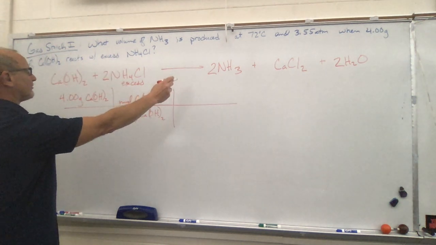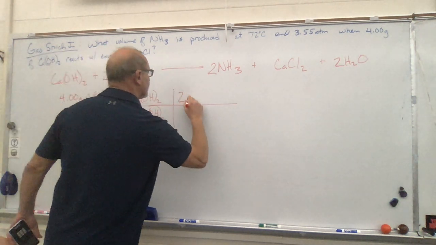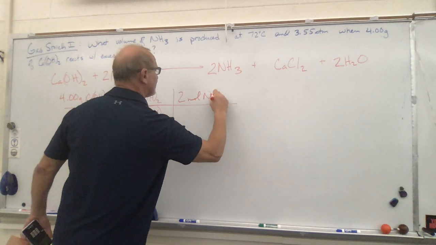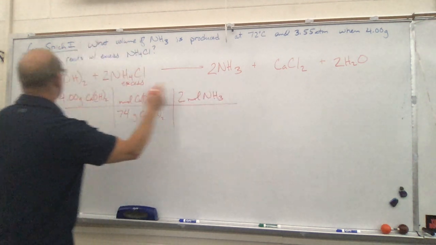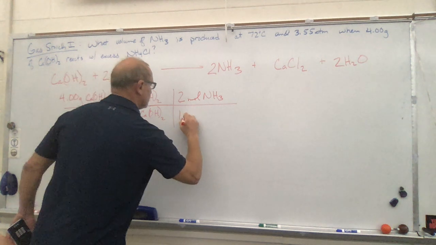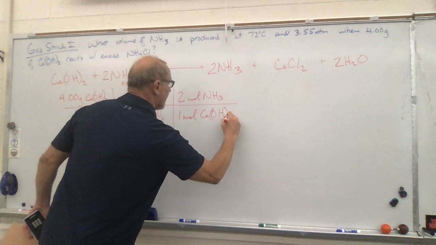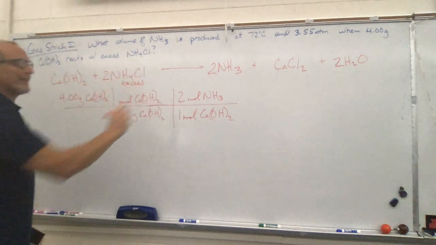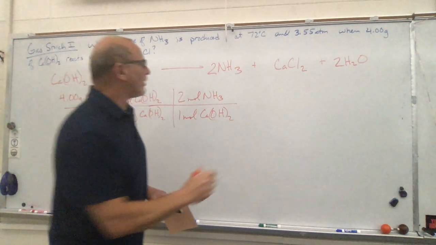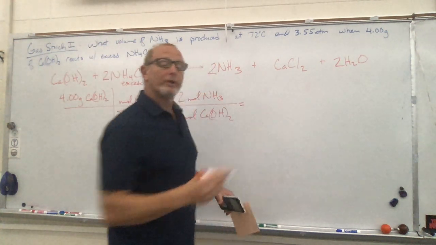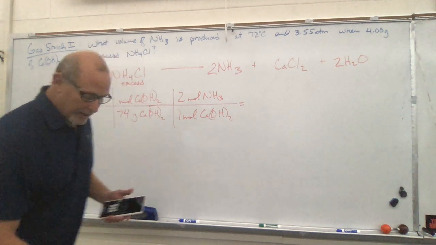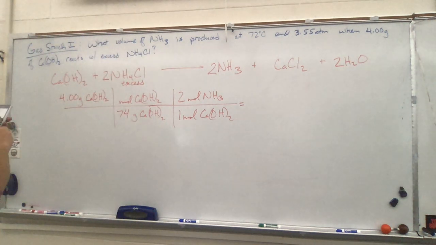Well, how much NH3 am I getting? I'm getting 2 moles of NH3 for every 1 mole of CaOH2. That's the stoichiometry of this. And that's going to give me my moles of ammonia that I can put into the ideal gas law. Now, I apologize for making a mistake here, but that's okay.